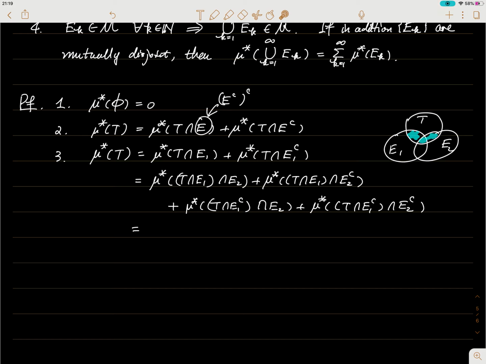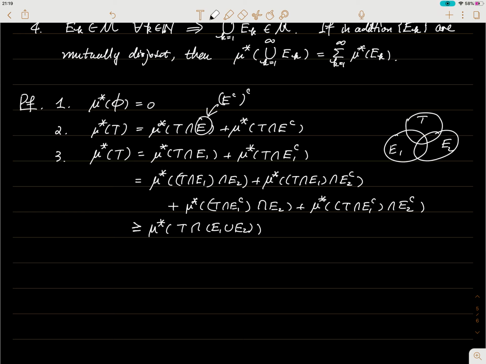They're the intersection of T and the union of E1 and E2, right? Because this and this together is the intersection of T and E1 union E2. So that's why this whole thing together is bigger than or equal to the outer measure mu star of the intersection of T and the union of E1 and E2.